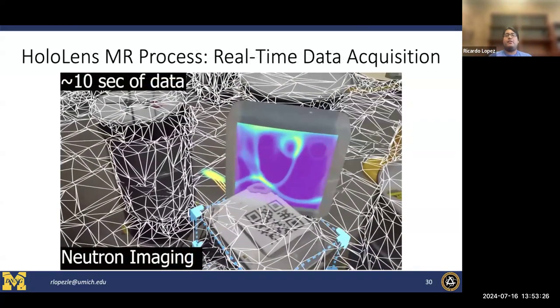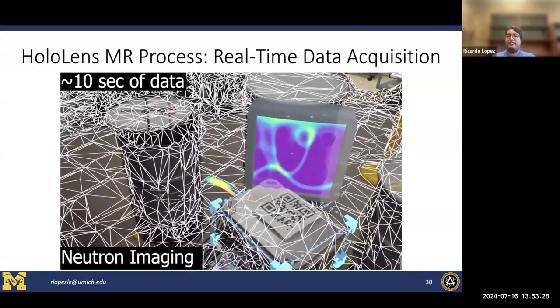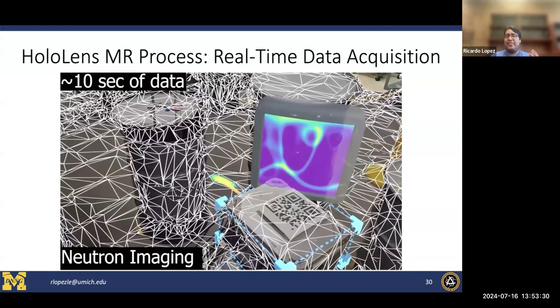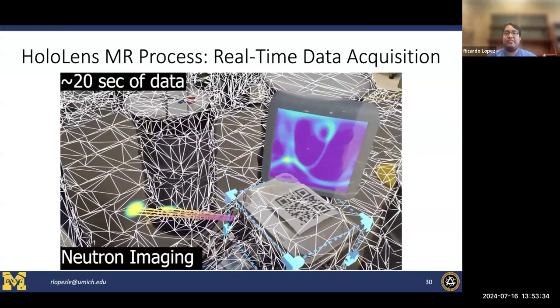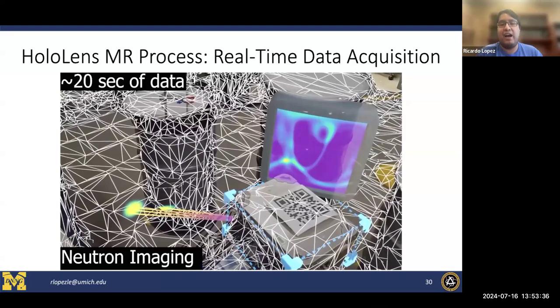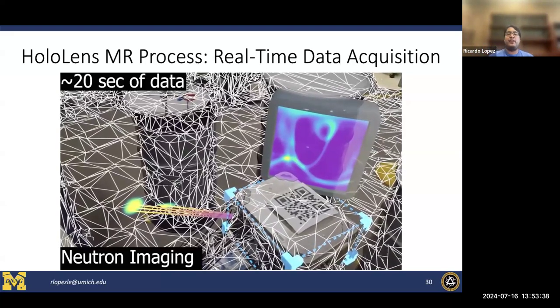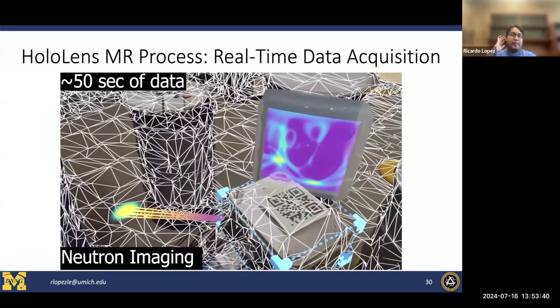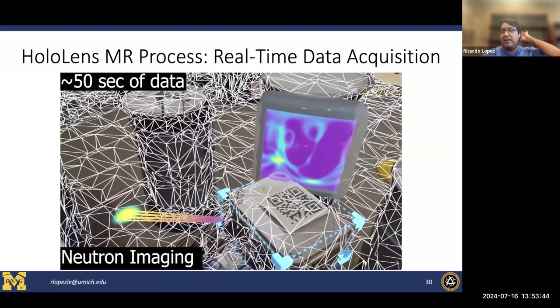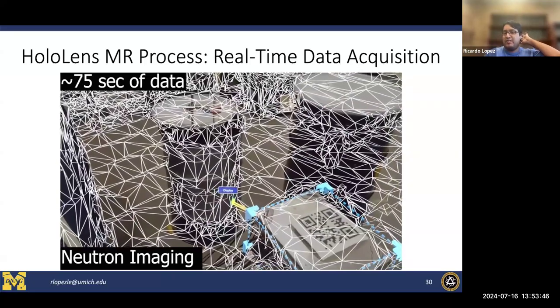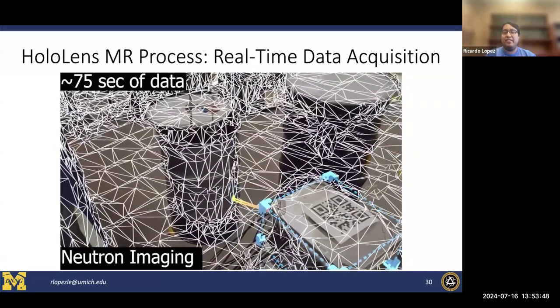In this next video, I'm showing you real-time acquisition in neutron mode. On the top left, I'm indicating the current data acquisition time, or basically how long I have been measuring for. What you may be able to note is, as we have low data measurement times, i.e., low statistics, the hotspot isn't very convincing anywhere.